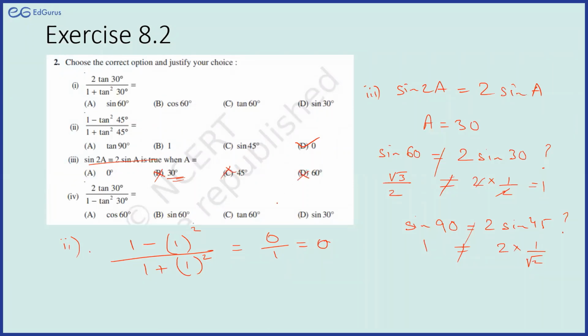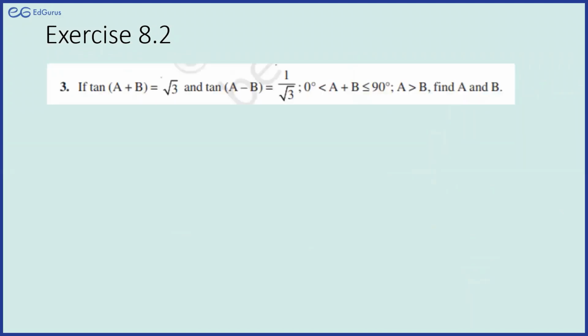You can check 60 as well; that is also not the answer. If you check for 0, sine of 2 times 0 is 0, and 2 times sine 0 is also 0. So yes, A is the answer. The other two you can do yourself.